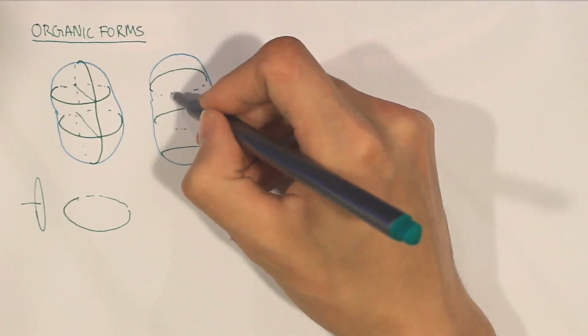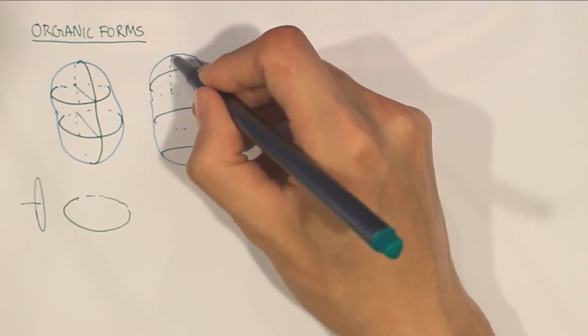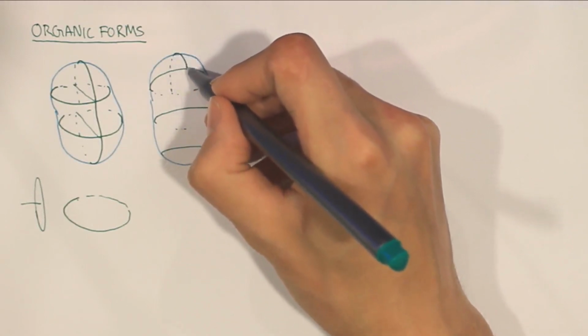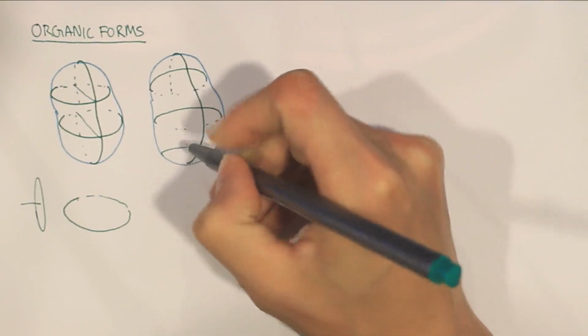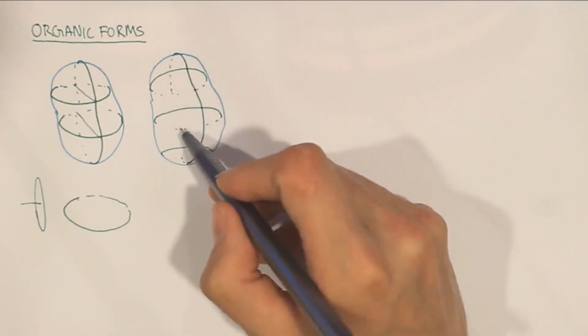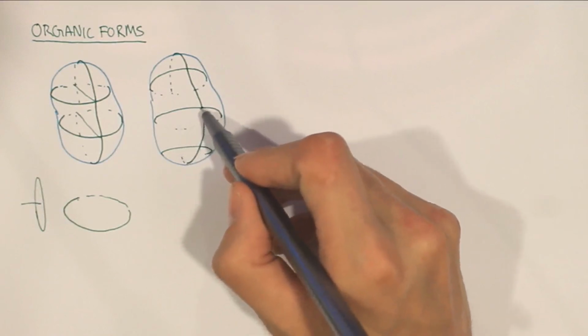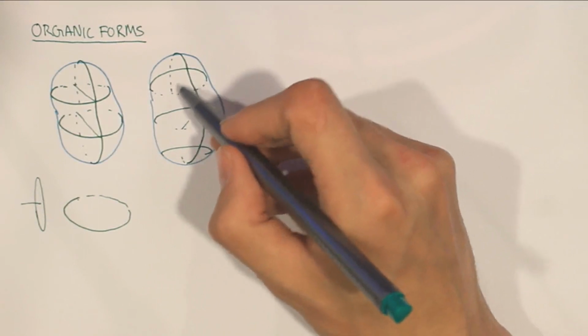And once again, create that perpendicular cross section. Now if we want to go across these ellipses back towards that left vanishing point, notice that it slopes down.